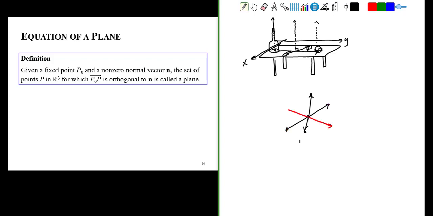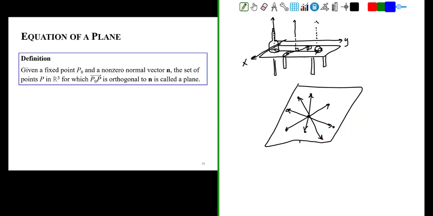Let's look at some other points there, some other points here. Now, as I'm drawing this on my screen, all of these vectors lie in the plane, in the two-dimensional surface of the screen that I'm writing on. So all of those vectors, since they lie in the same surface, they lie in the same plane.